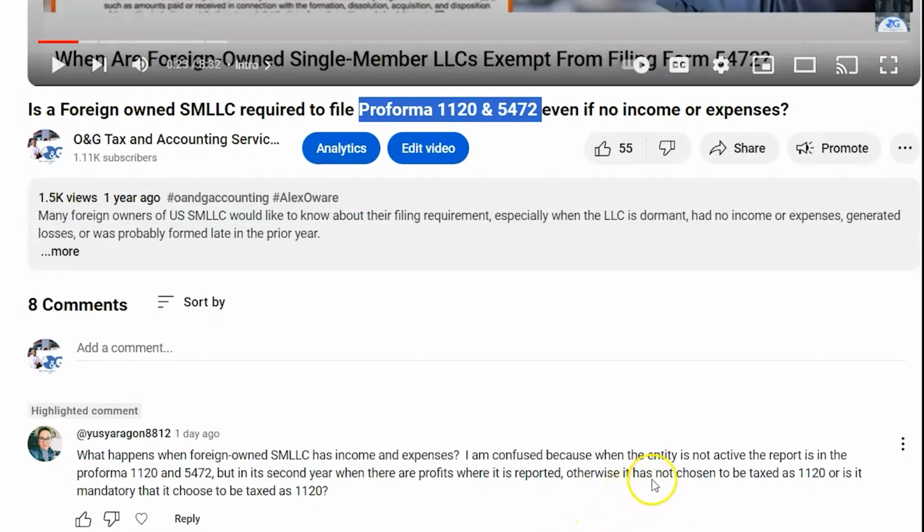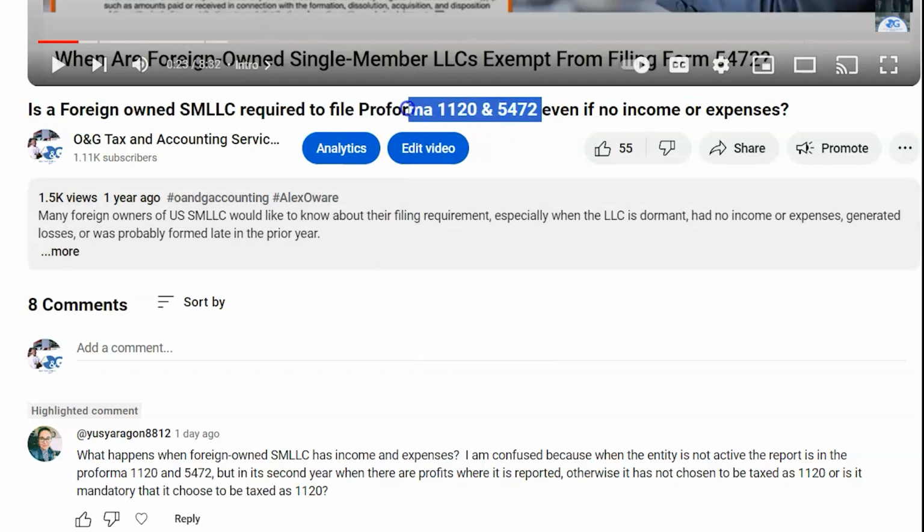Now, for the purpose of filing this form, Proforma 1120 and 5472, your LLC is treated as a corporation, but only for the purpose of filing this information return. For all other purposes, your LLC is a disregarded entity. So you don't need to have your LLC elected as a corporation to be able to file Proforma 1120.